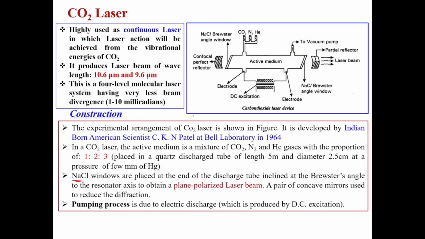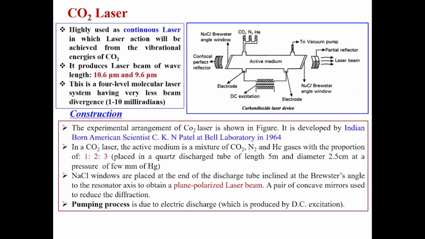NaCl windows are placed at the end of the discharge tube. So this is the discharge tube, in which the 1:2:3 mixture of carbon dioxide, nitrogen, and helium gas is present. At both ends, we can find NaCl windows. Here, this one is an NaCl window, and this is an NaCl window.